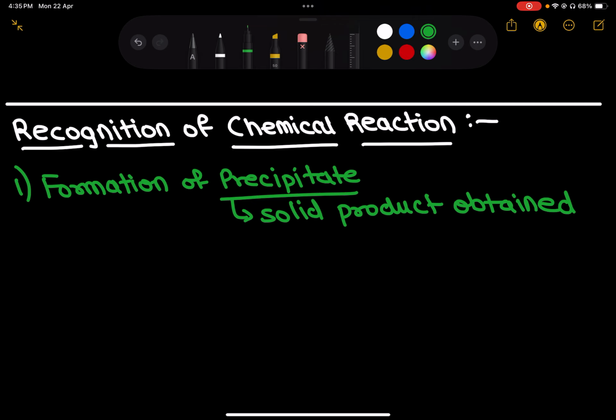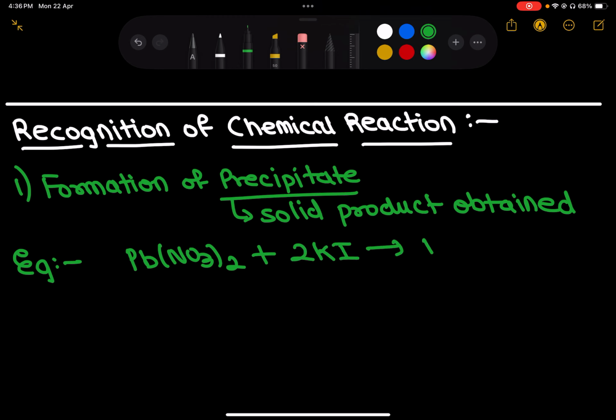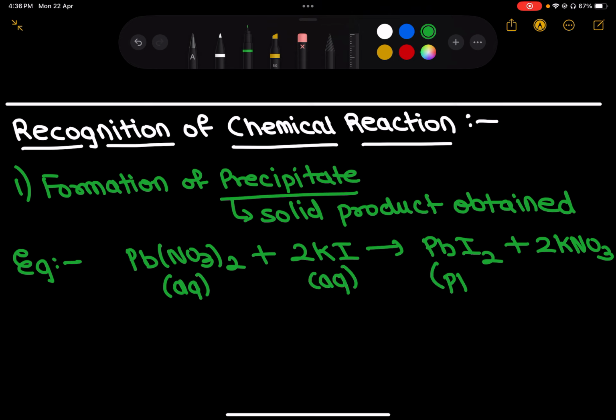Simple definition. Example: Pb(NO3)2 plus 2KI gives PbI2 plus 2KNO3. This is a good example. Here the reactants are aqueous, PbI2 is the precipitate, and KNO3 is also aqueous.